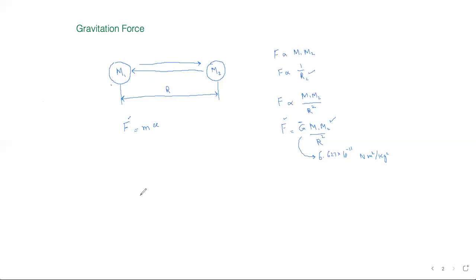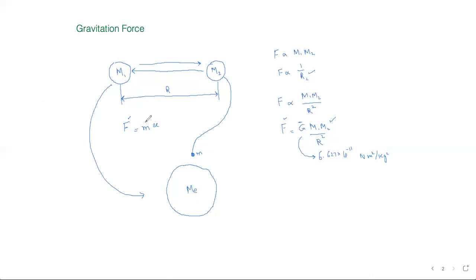If we presume that one mass is a very, very big mass, like the mass of Earth, then we can presume that this other object is our small mass.